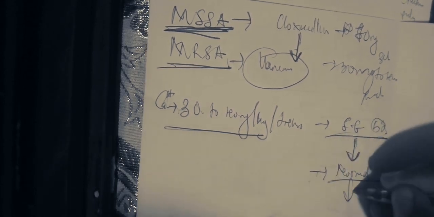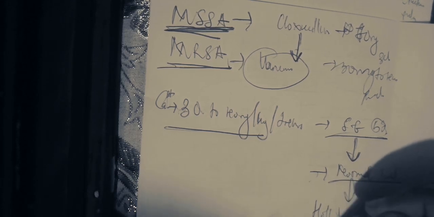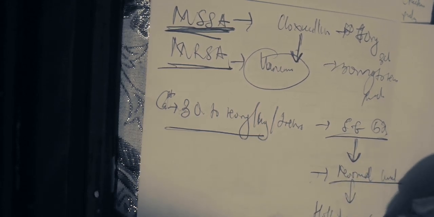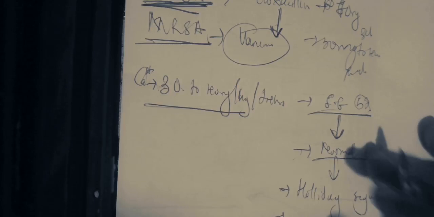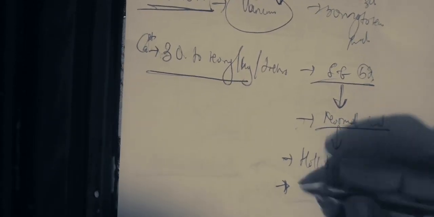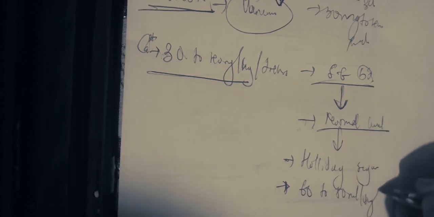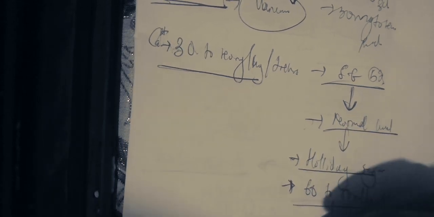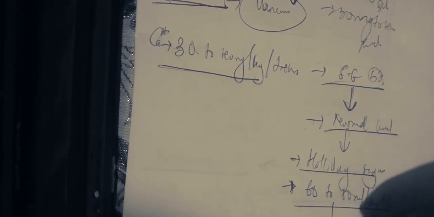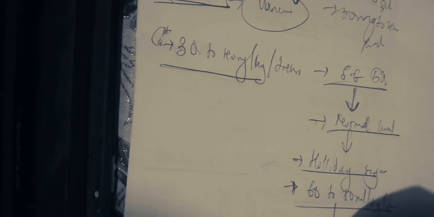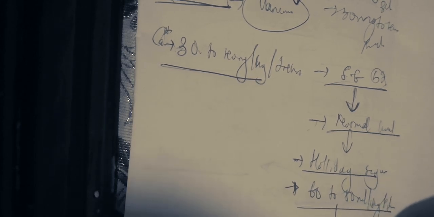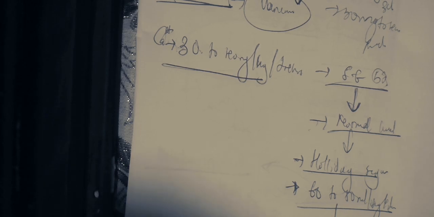You can calculate the normal fluid level given to the child by using the Holliday-Segar method, or you can use the formula that is going to tell you that you have a certain fluid level in certain neonates. In the first day of a neonate, you give 60 to 80 mils per kilogram per day. Is it clear? And then in the next day you add just 20 mils per kilogram up to day 7, where you stop at 200 mils per kilogram of fluid per day.